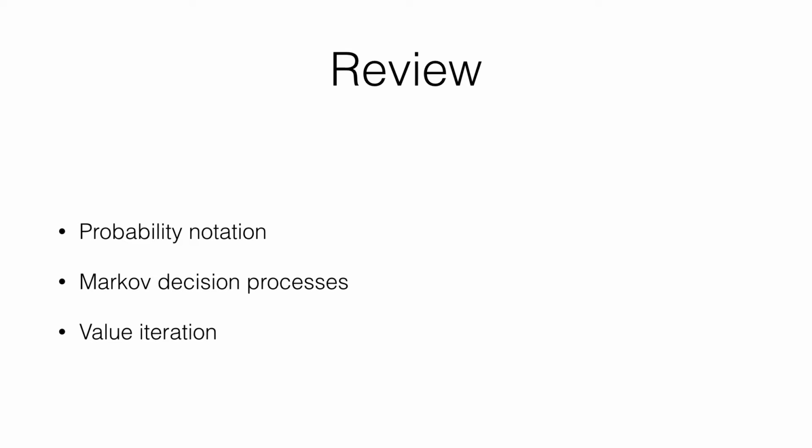Then we talked about value iteration, which is an algorithm for computing the optimal policy to take in these Markov decision processes. The algorithm basically works by computing the utility values of every single state, where the utility values are the expected future rewards, assuming you continue to play optimally from that point on.